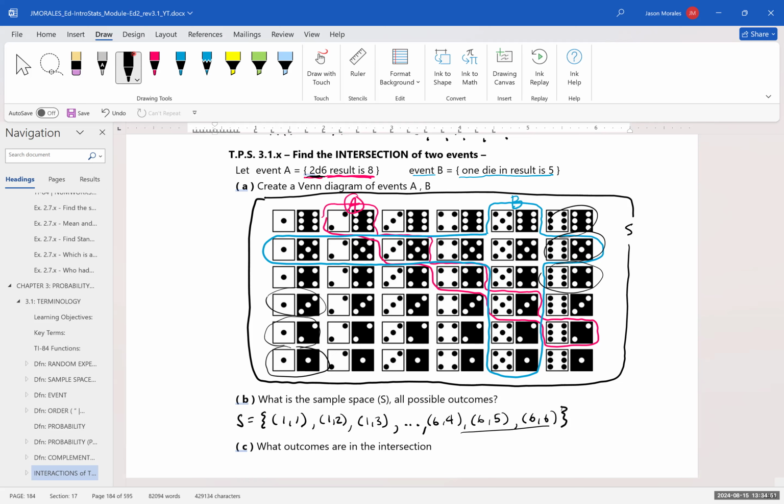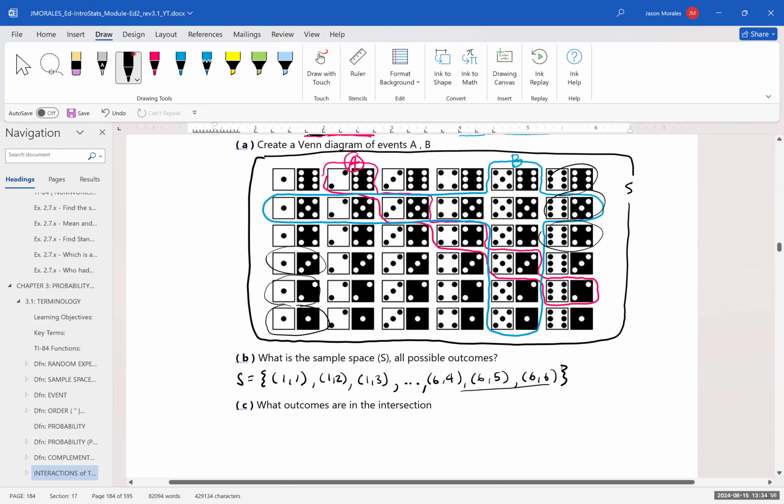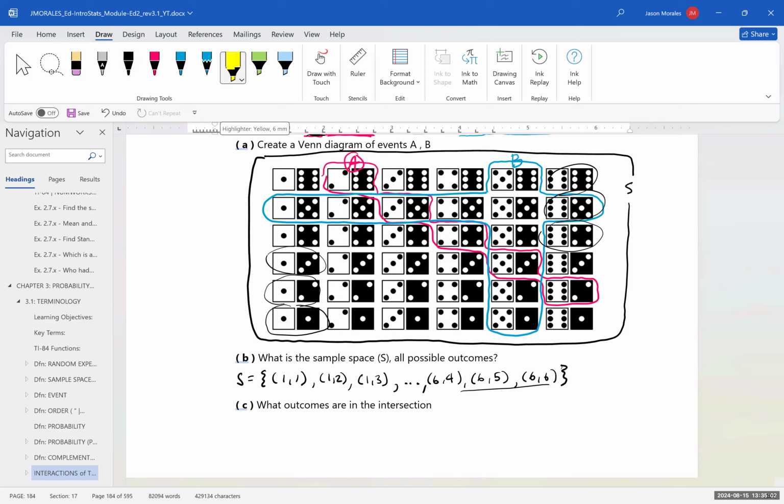All right. So next, what are the outcomes in the intersection? So where's the intersection between A and B? All right, so A is in red, B is in blue. So here's one place where those two events intersect, and then there's a second place right here where they intersect.